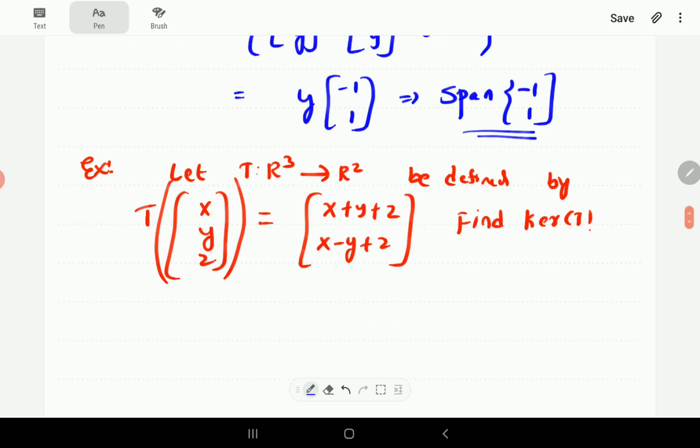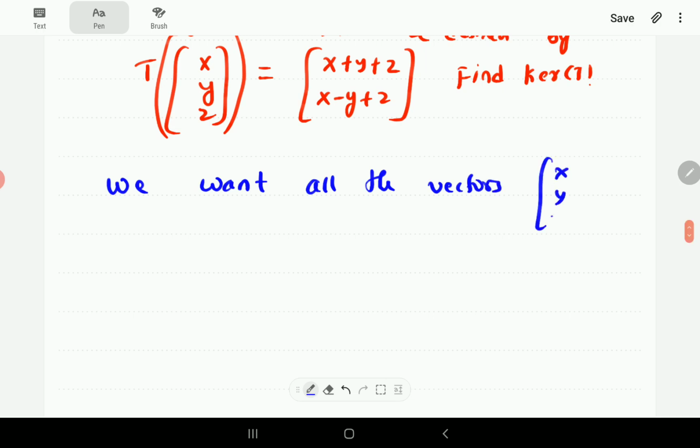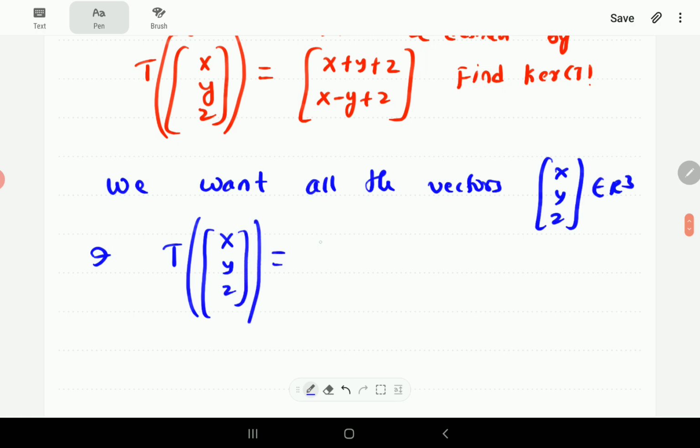Let us continue. What we are looking for are all the vectors (x, y, z) in R3 such that our T of (x, y, z) is equal to (0, 0), because it is from R3 to R2.